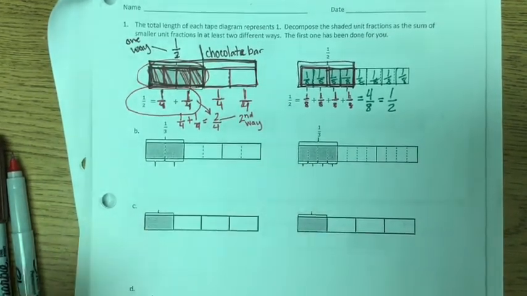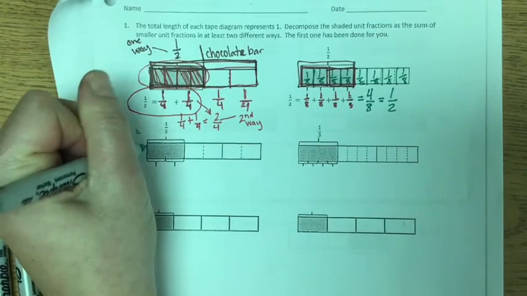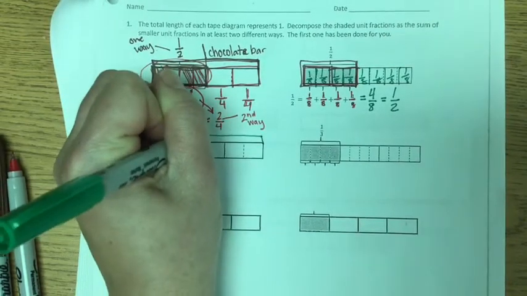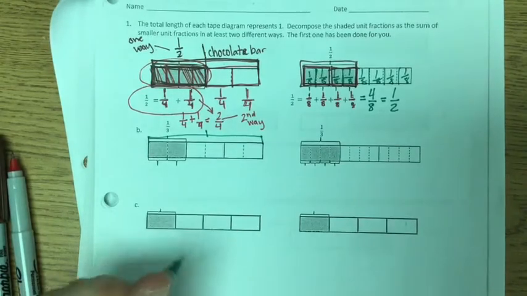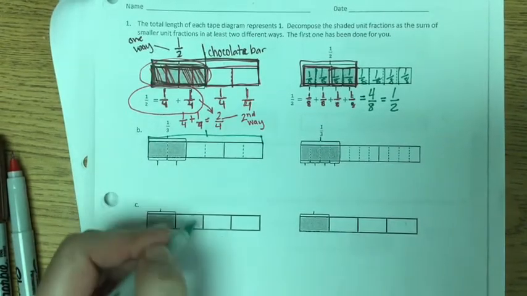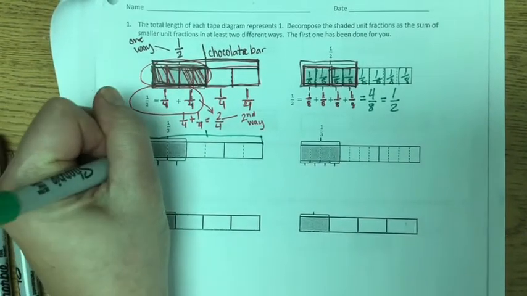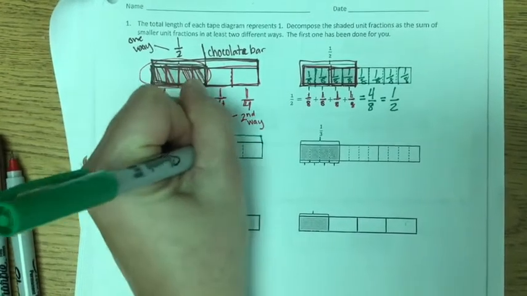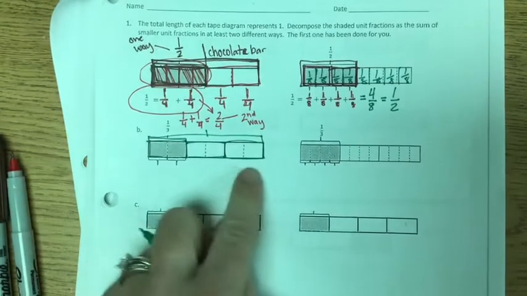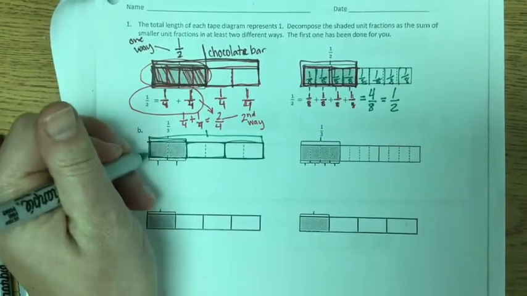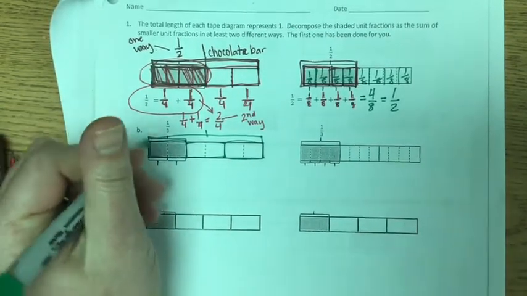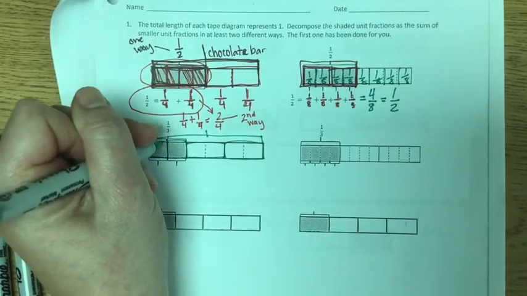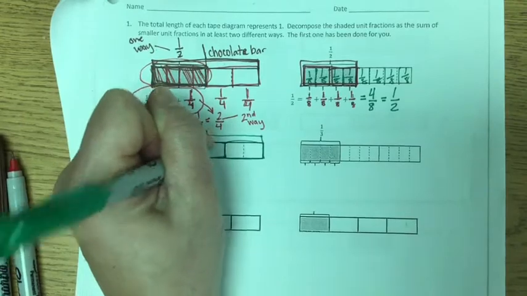Okay, so if you look at my chocolate bar, all of this is considered 1 chocolate bar. And I have thirds here. 1, 2, 3. If you look at my green pieces, I see thirds. But now someone has come along and taken my piece of chocolate bar and cut it in half.